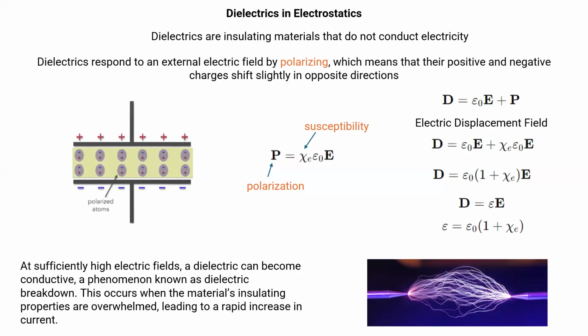So the dielectric can get this breakdown effect. One example is, of course, the lightning, right? Lightning is just the breakdown of atmosphere upon very strong electric bias between the ground, the earth and clouds.